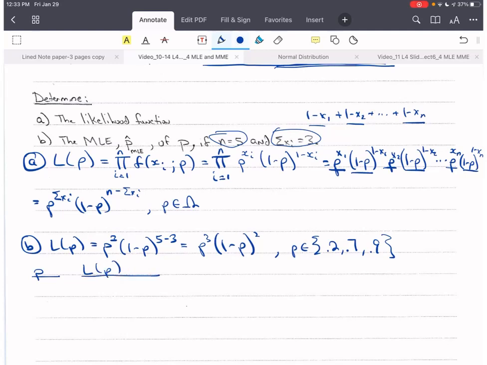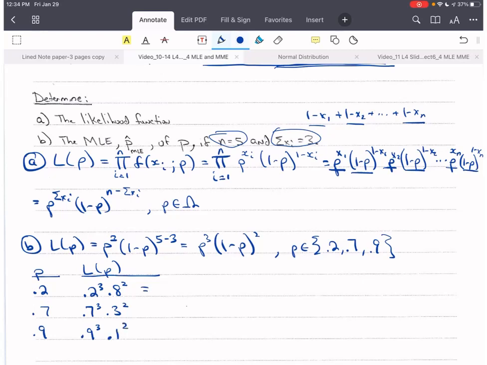So when p is 0.2, we have 0.2 cubed, 1 minus 0.2 is 0.8 squared. And when it's 0.7, we have 0.7 cubed, 0.3 squared. When it's 0.9, we have 0.9 cubed and 0.1 squared.